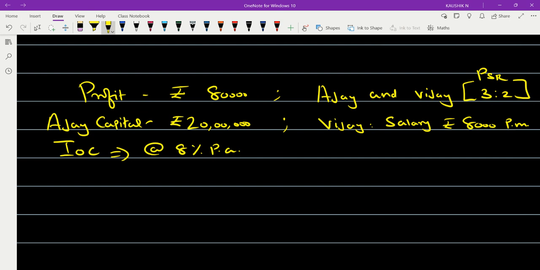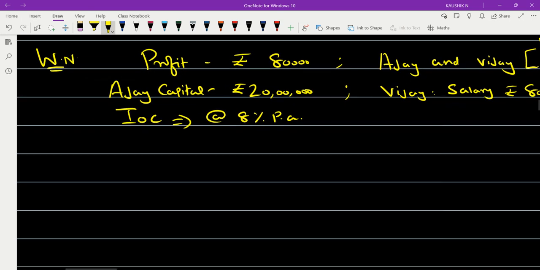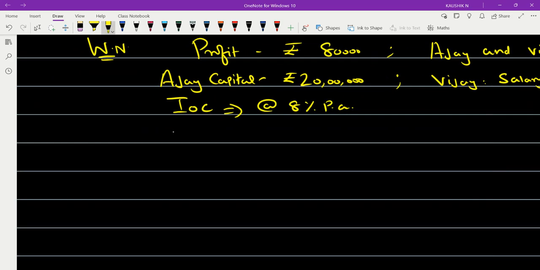Now, first calculate the interest on capital of Ajay. So 20 lakhs into 8 by 100. Cancel the common two zeros of these.